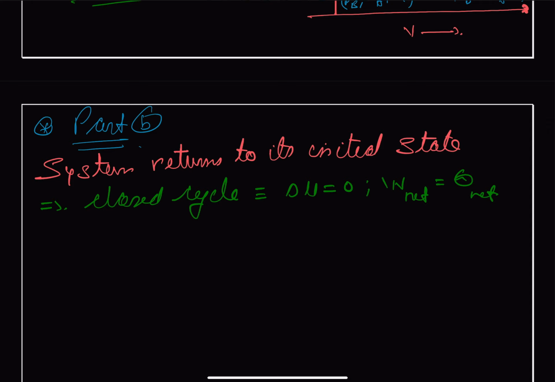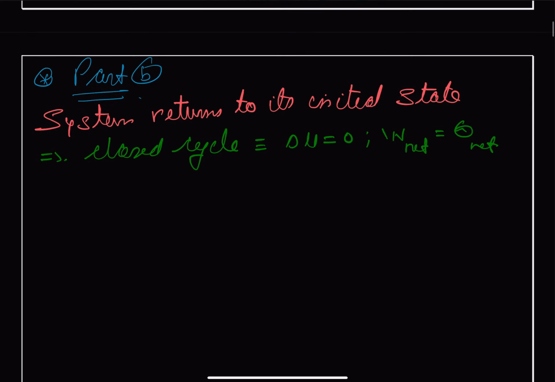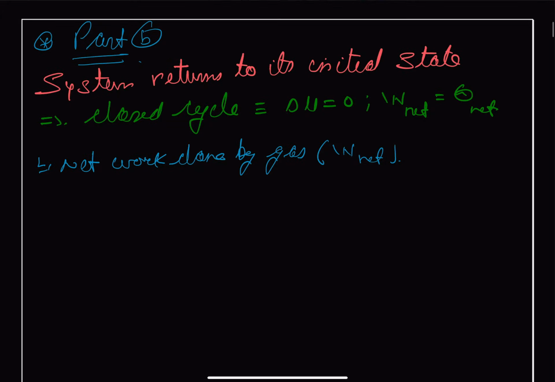So let us find out the net work done by the gas, W net. The first process is isothermal.